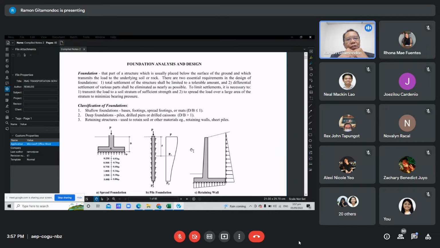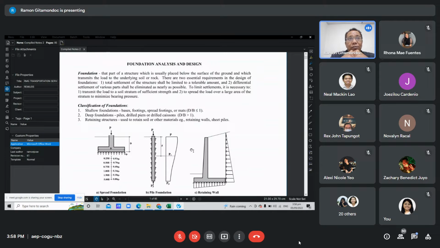So foundation is defined as that part of the structure which is usually placed below the surface of the ground and which transmit the load to the underlying soil or rock. So ang definition nato sa foundation, ni specify as ang iyang location. So it is usually placed below the surface of the ground. So we cannot see it, no? Ang iyang purpose is to transmit the load to the underlying soil or rock.